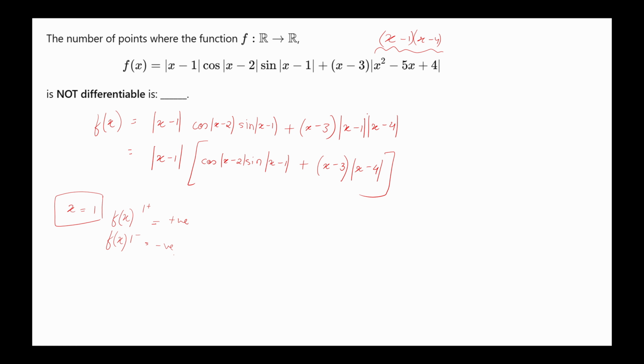And if I look inside the function as well, if there is a change in 1, this is not going to get affected, and these two, of course, are sine and cos terms, so they are not going to get affected, because whatever be the value of x inside the cos or sine, it is going to be in the range from -1 to 1. There is not going to be much change here if I take either 1 plus or 1 minus.